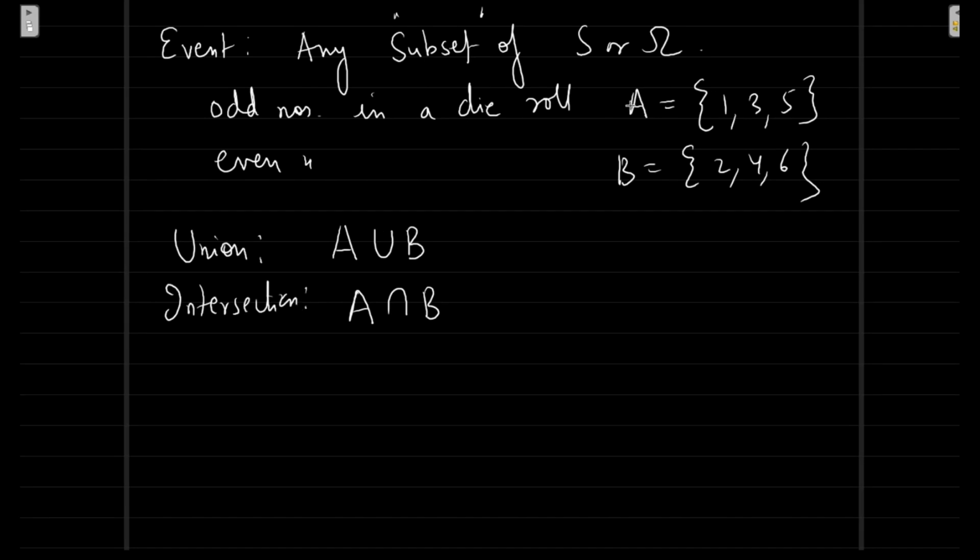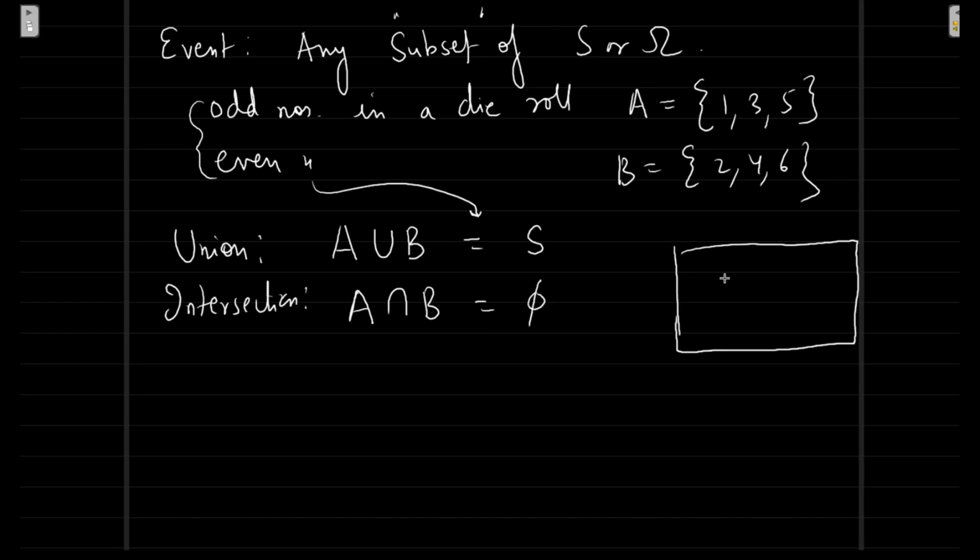A union B in this case will be S, the sample space. A intersection B will be the null set. And of course you can do a Venn diagram where you draw A and B inside the sample space. This is what you have done before.